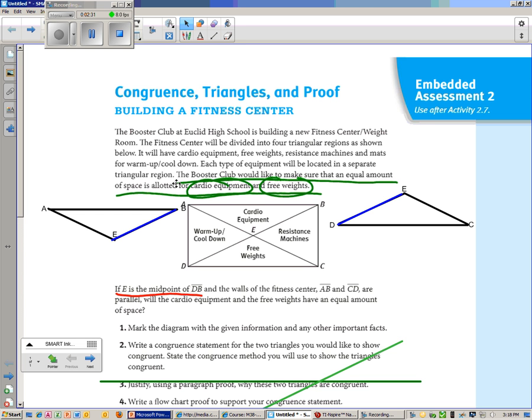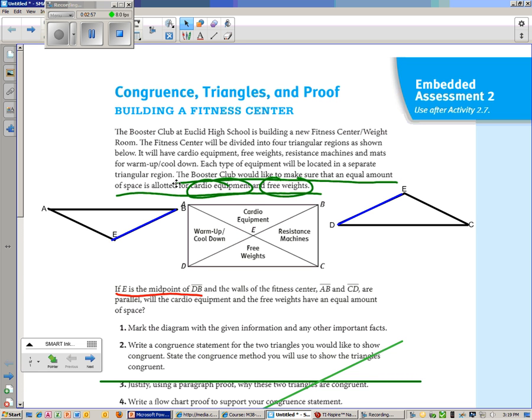Now it's telling you that AB and CD are parallel. Okay, so you're going to need to be doing something with that information. All right, so it's telling you it has parallel lines. Now question 13 and activity 2.6 will help you get a better understanding of this. So make sure you go look at your notes.